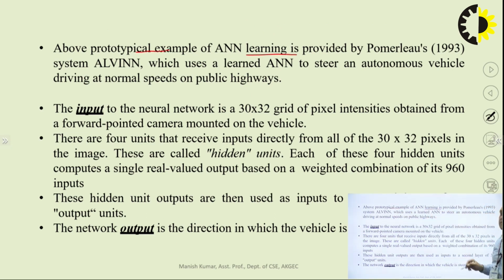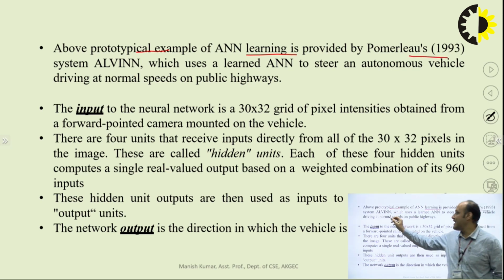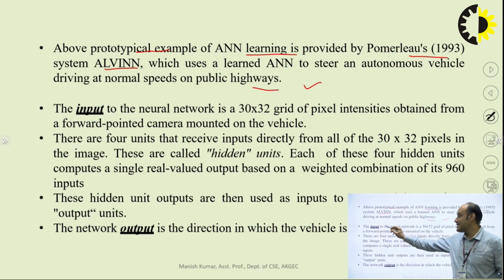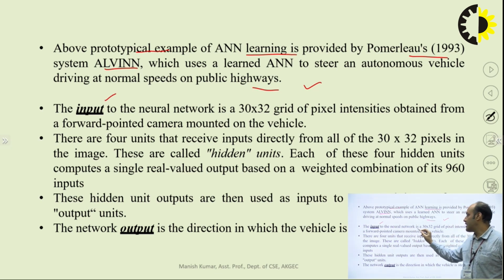This is a prototype model of artificial neural network learning, provided by Pomerleau in 1993, and the name of this system is ALVINN. We use this artificial neural network to steer an autonomous vehicle driving at normal speed on a public highway. In this example, the input to the neural network is a 30 by 32 grid of pixels, which the camera is capturing.